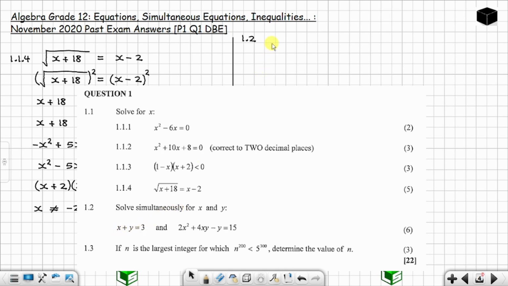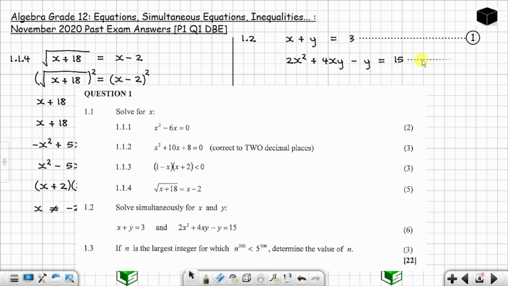Let's write it down. X plus y is equal to 3. Let's call this our first equation. And the second equation is 2x squared plus 4xy minus y is equal to 15. Okay, 2x squared plus 4xy minus y is equal to 15.